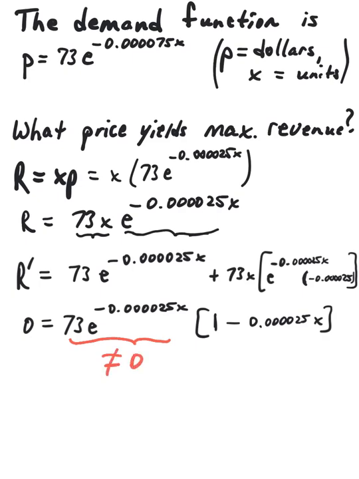We get to ignore it. It will not have a critical number. In the bracket, if we put this equal to 0, because you set each factor equal to 0, but that leading one's never 0, that's why we get to ignore it. This one, if you were to solve for x, you would get 40,000 units.